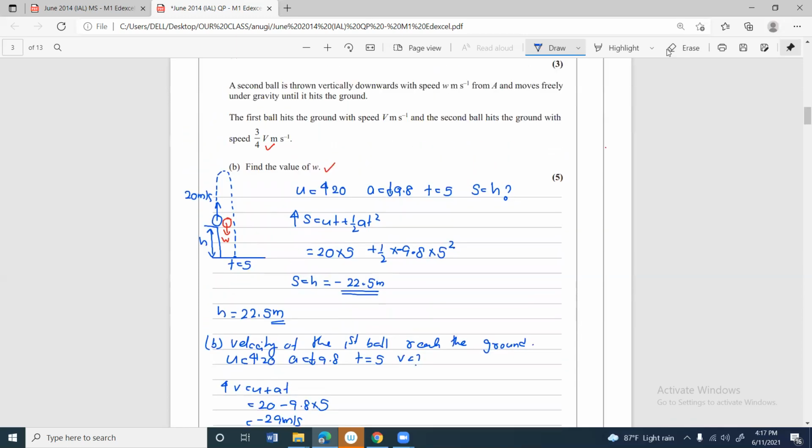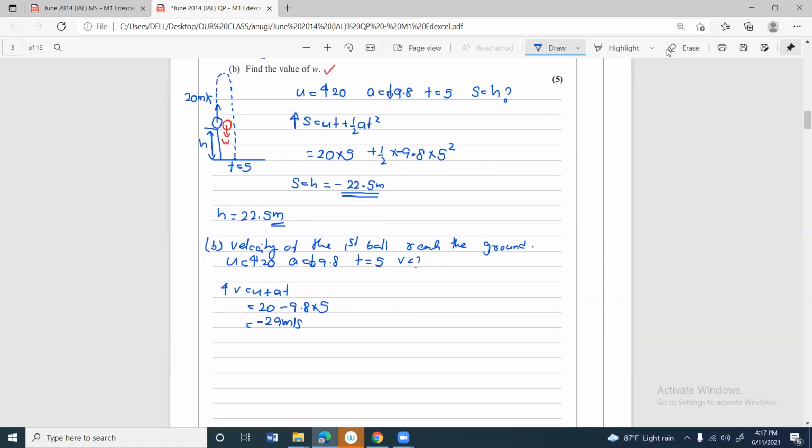But according to this statement, the second ball reached the ground at 3/4 of the first value. Therefore, we can find out the velocity of the second ball when it reached the ground. It is equal to minus 29 into 3/4.